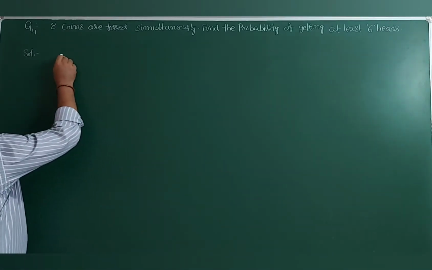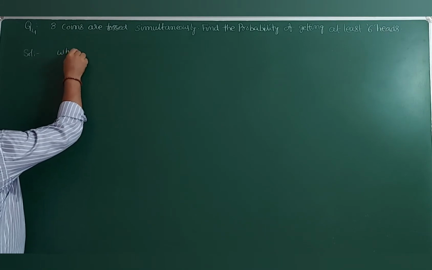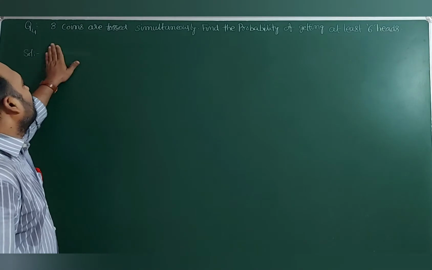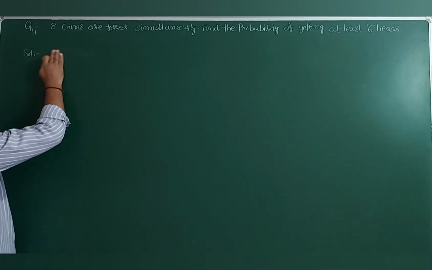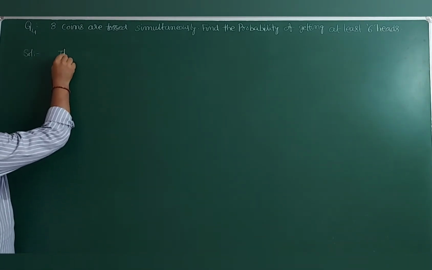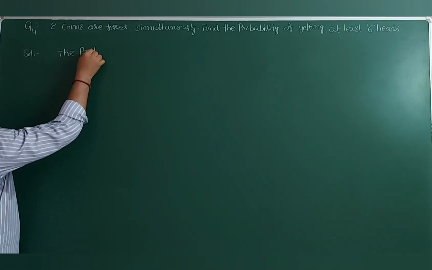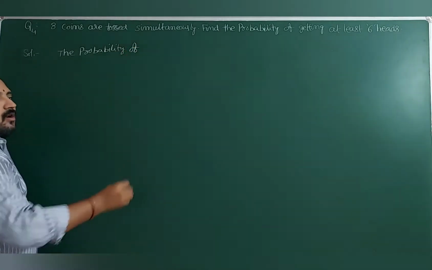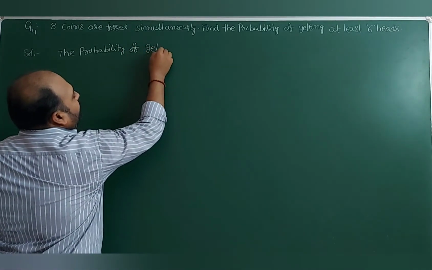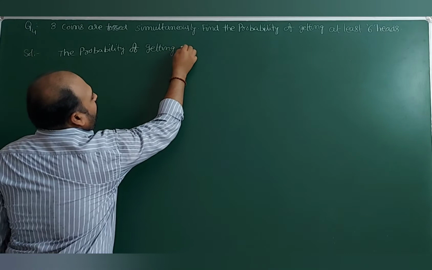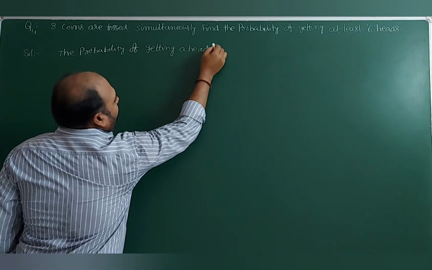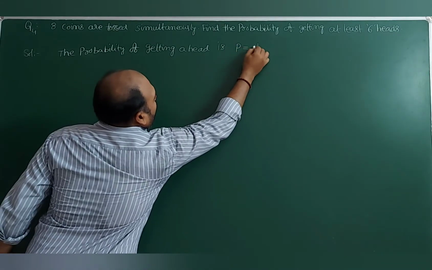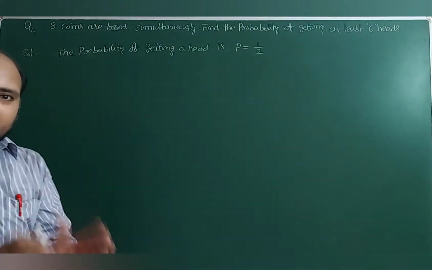So when we toss a coin, what is the probability of getting a head? Like this you write it better. The probability of getting a head is P is equal to 1 by 2, since two possibilities are there, either head or tail.